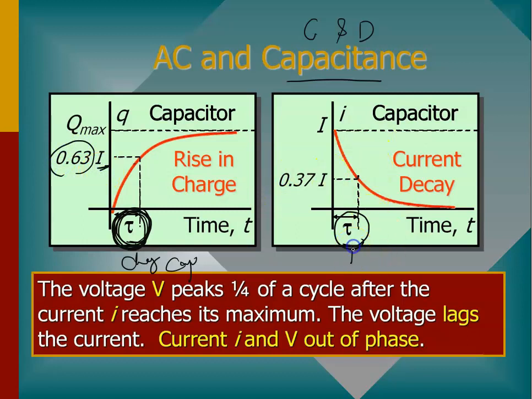And in the discharging process, the time constant is defined as the time required to decrease the current to 37% of the original current. So this is actually similar to the one that you were introduced to in the inductor.